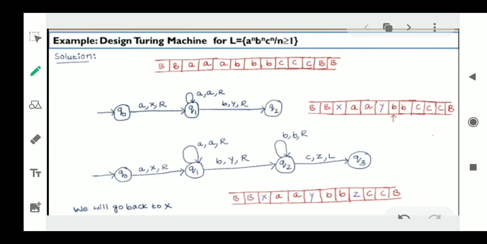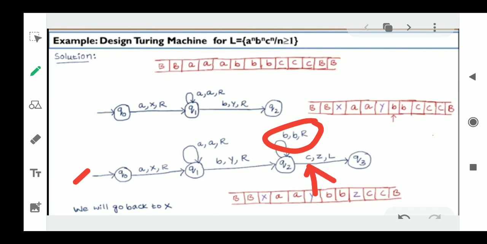And you see here in the next step what we have done. After that, if any number of b's are found, we will not change those symbols. We will keep on moving right without replacing anything, until a new symbol c is found.